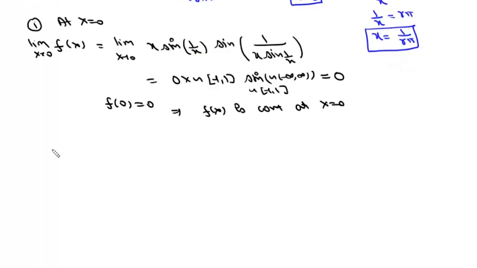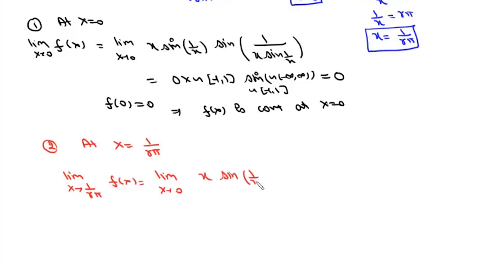Now if we look at x equals 1 upon n pi, then we write the limit as x tends to 1 upon n pi of f(x), which is the limit of x sine 1 by x.